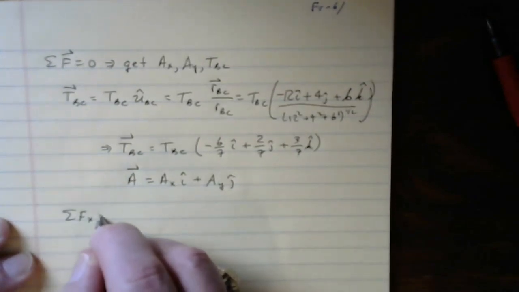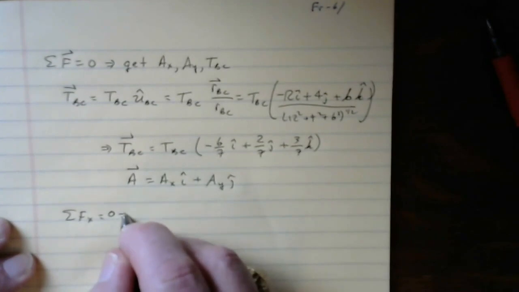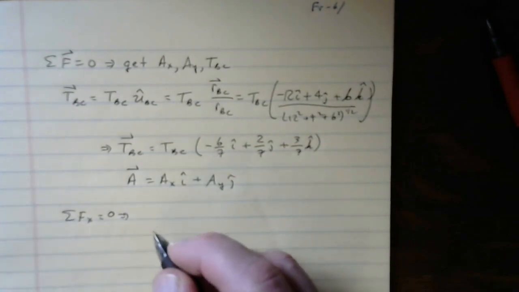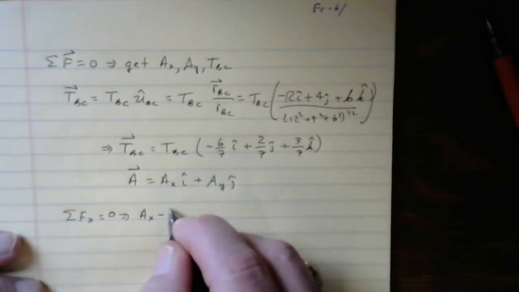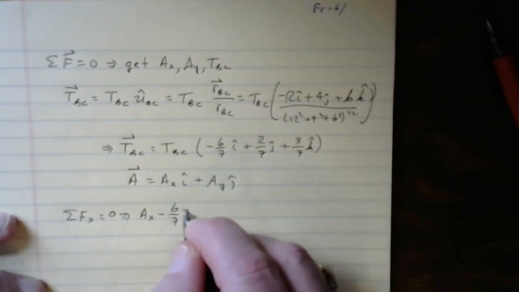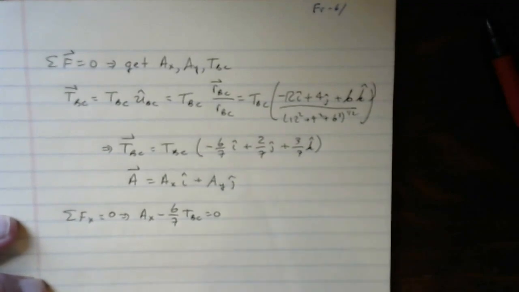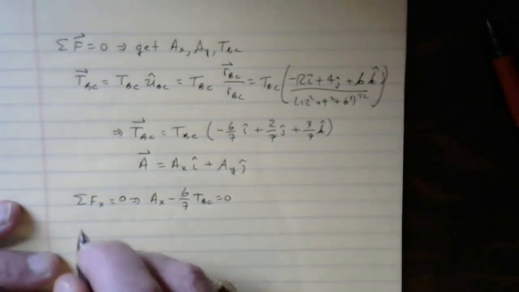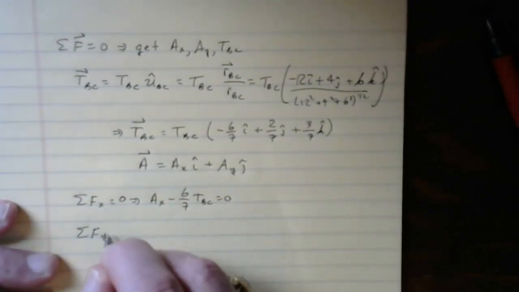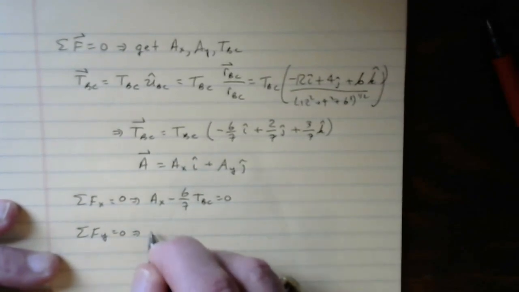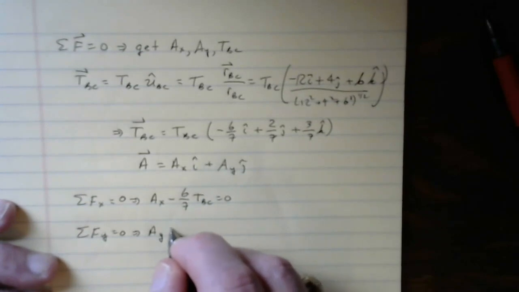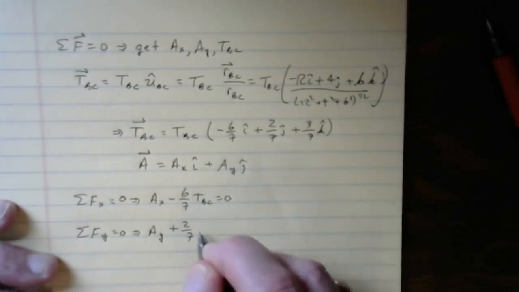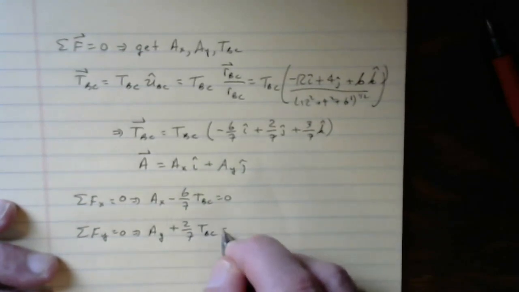For my three scalar equations, sigma Fx is equal to 0. It tells me AX minus 6/7 TBC is equal to 0. There's my x equation. My y equation, sigma Fy is equal to 0, says AY plus 2/7 TBC is equal to 0.